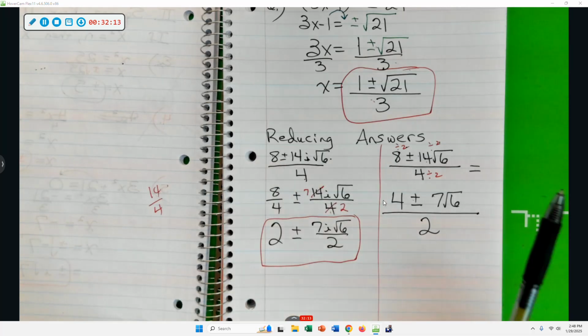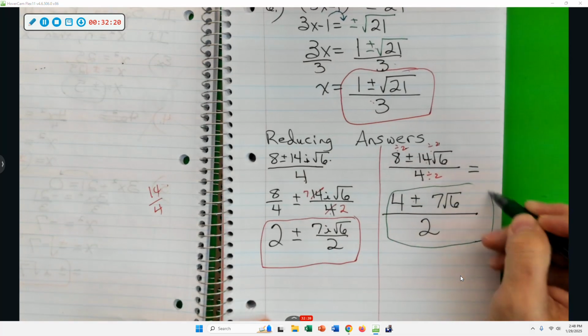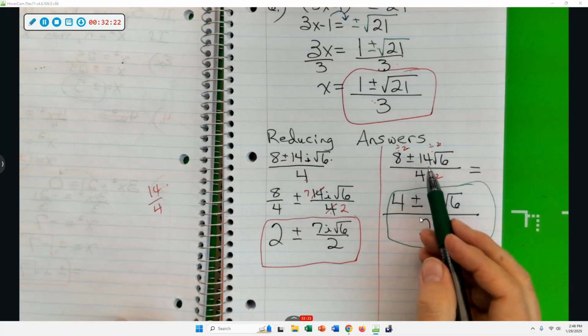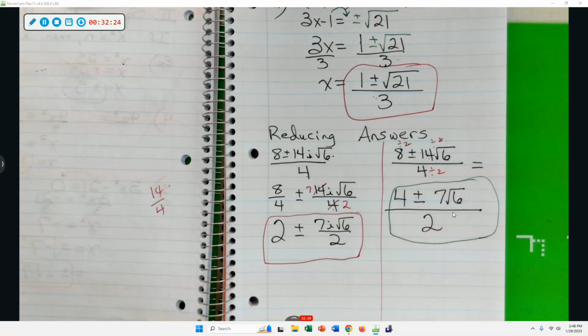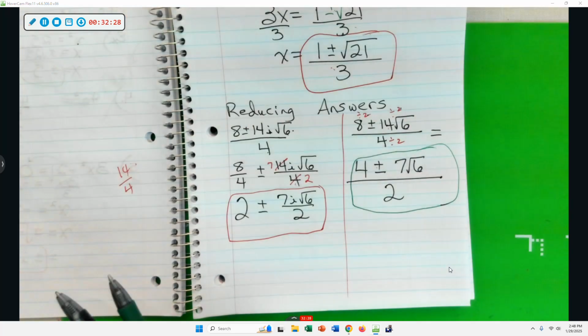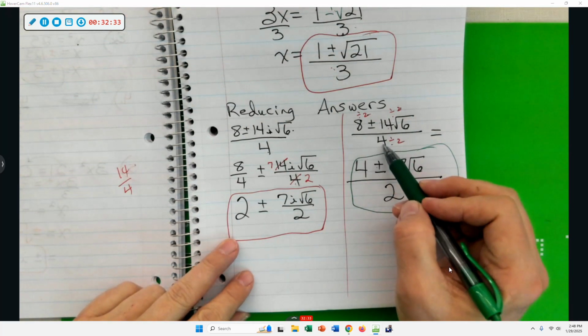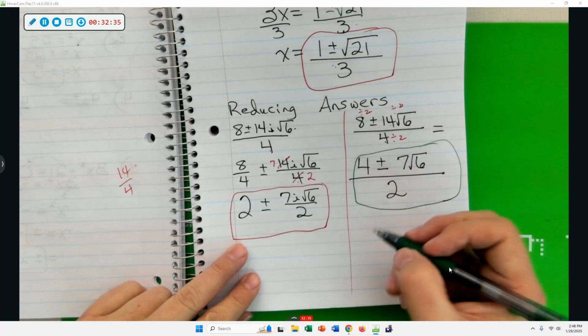I'm going to show you what the logic is here, but I'm not going to be doing it each time. Here's the way you would want it reduced. Here's that 8 plus or minus 14 square roots of 6. What they're doing: you said 8, 14, and 4 are divisible by 2.